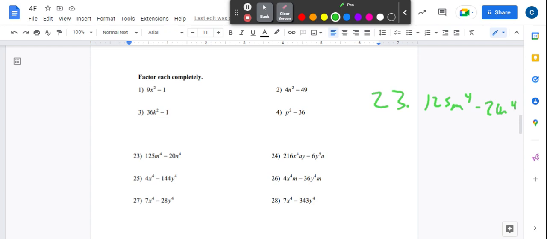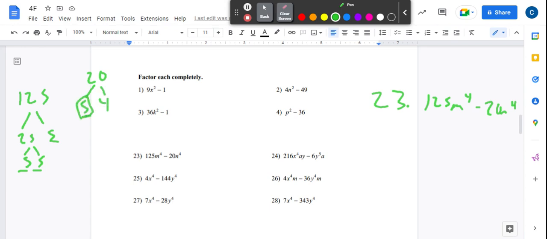125, we want to factor out 125. 125 is going to be 25 times 5, and 25 is just 5 times 5. So 125 is 5 times 5 times 5. And 20 is going to be 5 times 4.